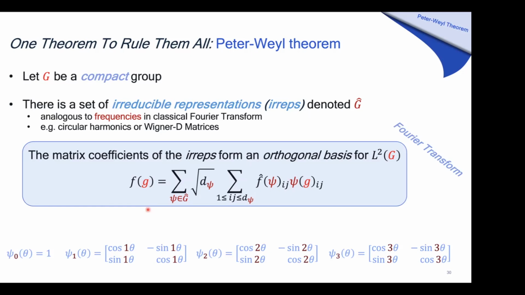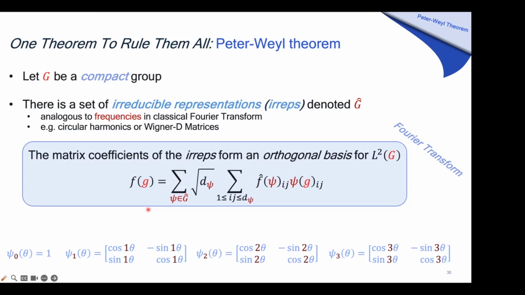And essentially what this theorem states is that each compact group has a number of special small representations called irreducible representations, which essentially generalize your intuitive notion of frequencies. And they provide basically an orthogonal basis for continuous functions on the group.